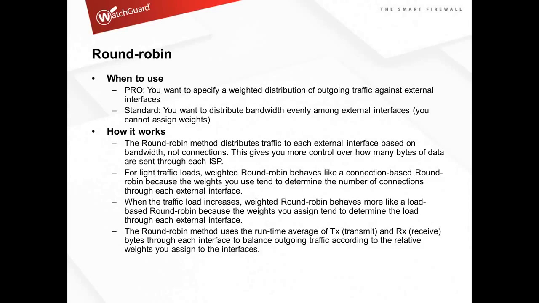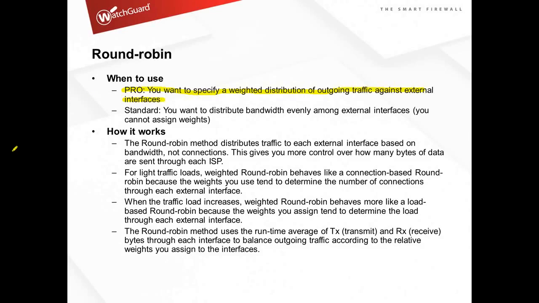And again here, I apologize for all of this text on the slide. I just wanted you to be able to reference it. But when we talk about round robin, I wanted to bring a couple of things to your attention. If you have the Pro upgrade, maybe you want to specify a weighted distribution of outgoing traffic across external interfaces.